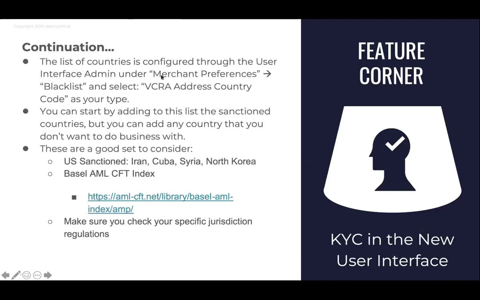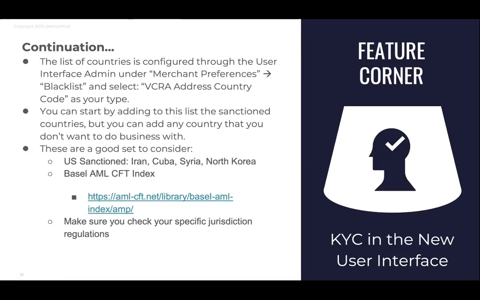So I think that's the one. Okay. So the list of countries can be configured in the user interface. It's going to be the same place where the blacklist is. So as a configuration item, you're going to see a type called VCRA address country code, and then you can type there the different country codes that you want to make sure that you don't do business with.